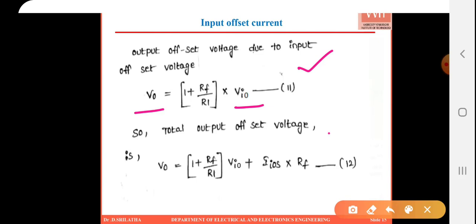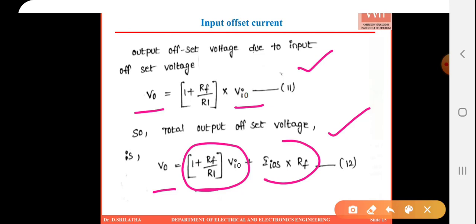The total output offset voltage is V0 equals (1 plus RF by R1) times VIO, plus a second term, which is due to input offset current. So this is the total output offset voltage contributed by the input offset voltage and the input offset current. In this way we can calculate the output offset voltage.